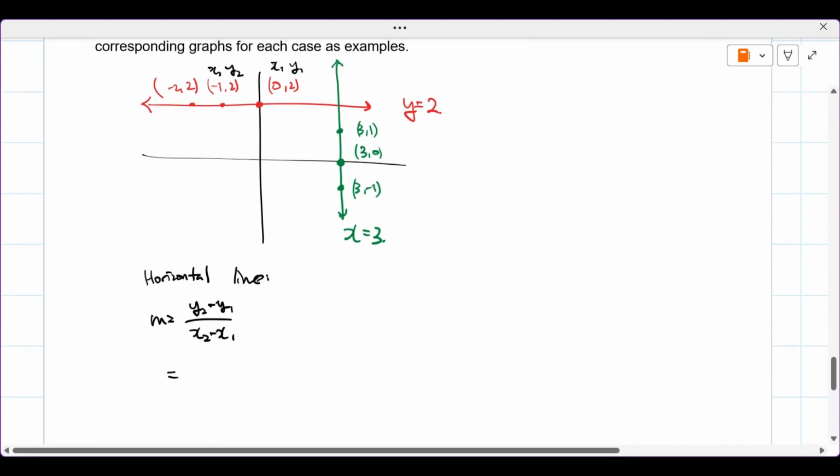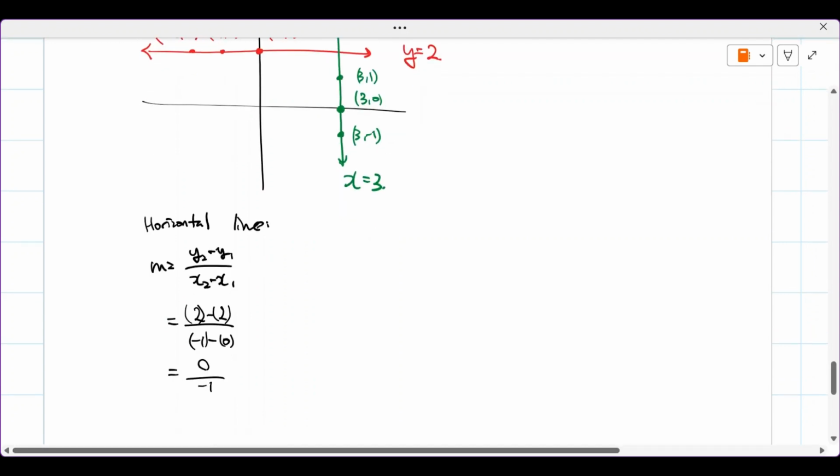So that's y2 is 2, y1 is 2, x2 is negative 1, and x1 is 0. And then you compute it, 2 minus 2 is 0, negative 1 minus 0 is negative 1, and the slope is 0. So the nature of the slope of the horizontal line is that the slope is always 0.